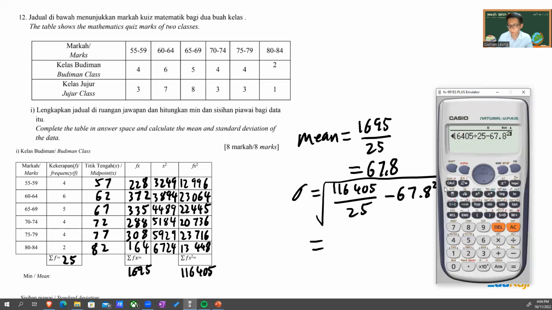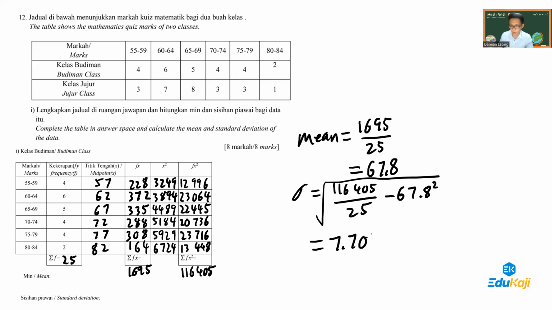Right, mean square. So this is 7.705. Okay, that is question 12.